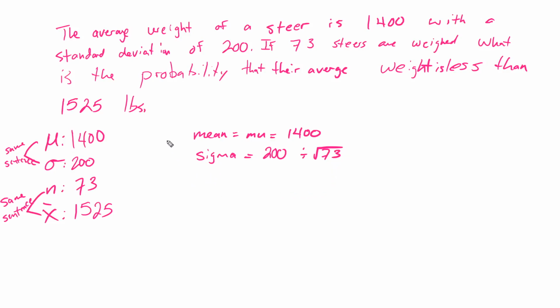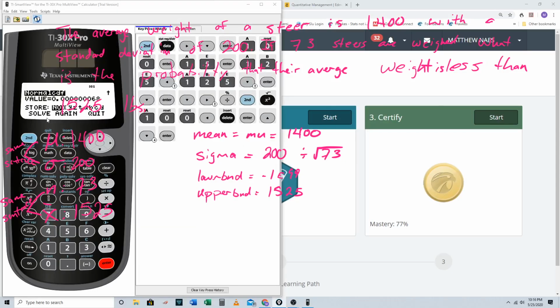And since it's less than, we're going to change the upper bound. So the lower bound remains as -1E99. And the upper bound is the 1,525. I'm making this question up off the top of my head, so I have no clue if it's going to work out very well. It may just be 1, or really, really obscenely close to 1.